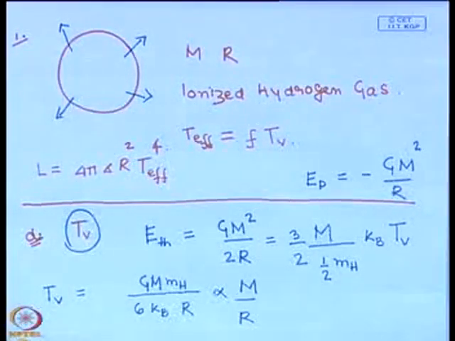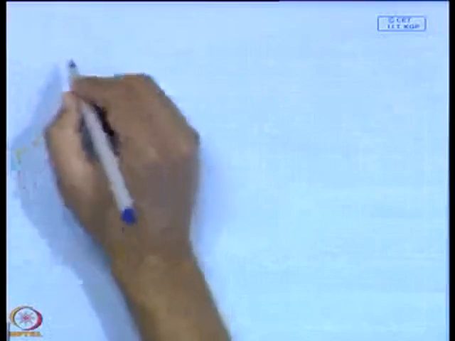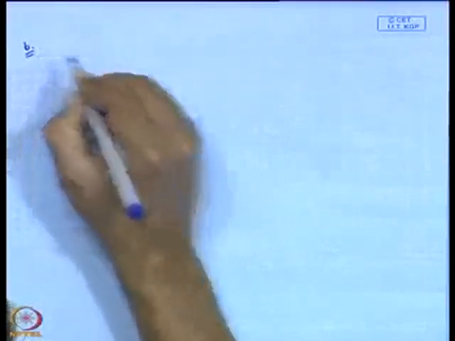So, that is the first part. The second part, we would like to calculate the luminosity of this object.